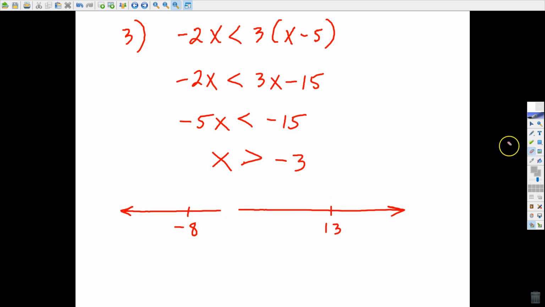And in elementary school math, you may have done some exercises like this. Here's a box, and your teacher would have said, okay, what inequality would go in the box to make this true? Would you say less than or greater than? Less than. Everybody agree with that?